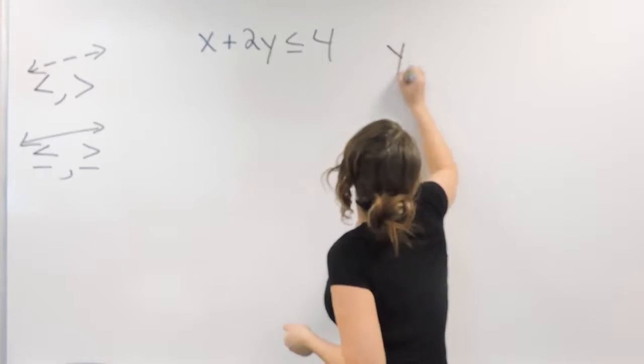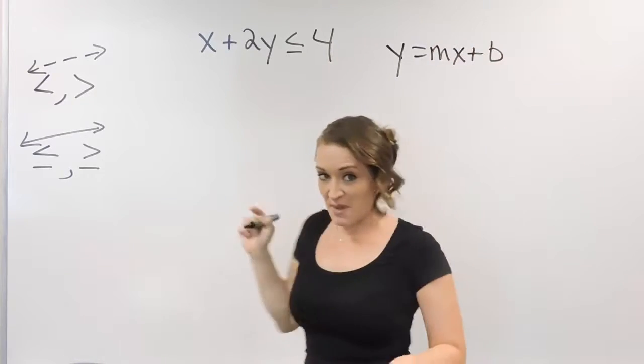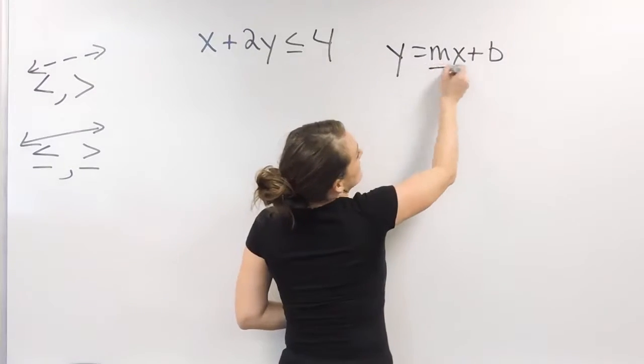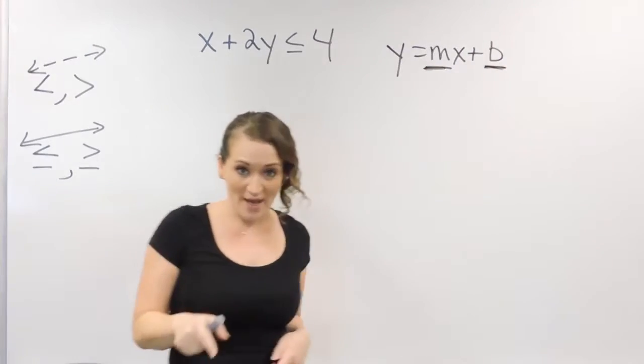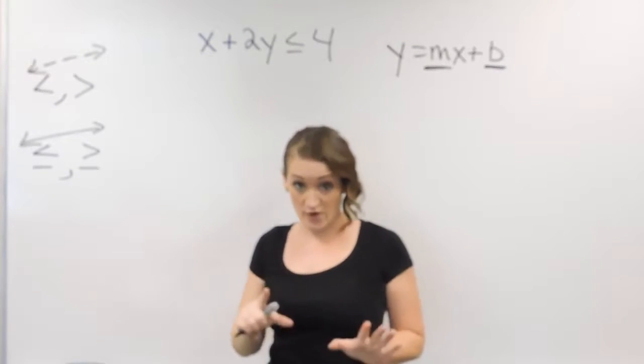Remember, slope-intercept form looks like this, y equals mx plus b. We want it in this form because it tells us exactly what our slope and our y-intercept are. So let's get our equation in the proper form first.